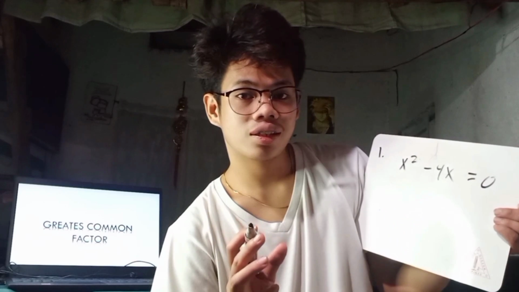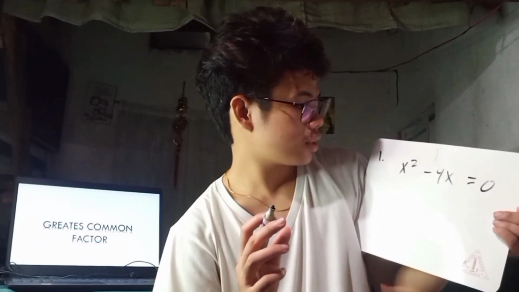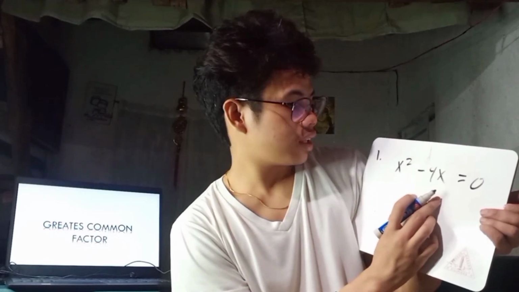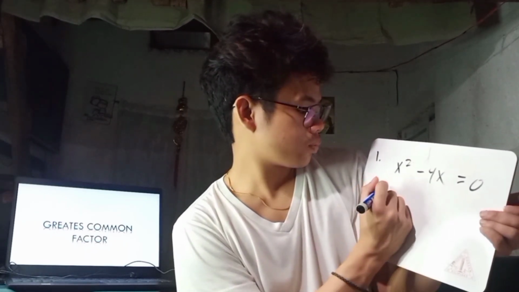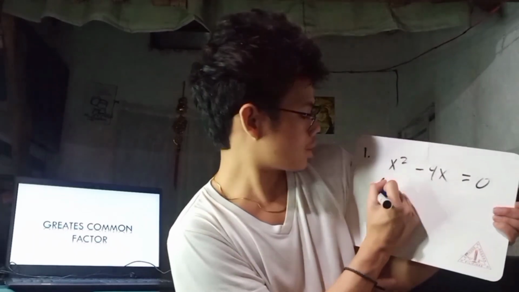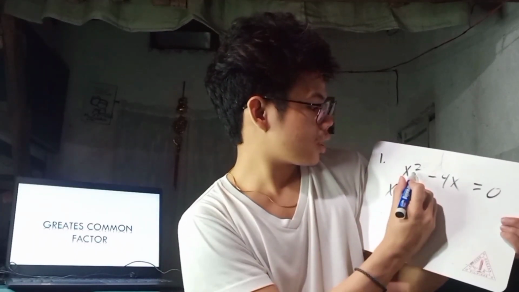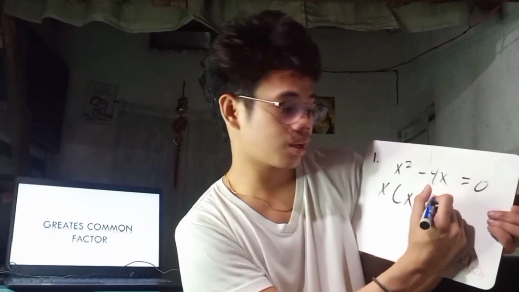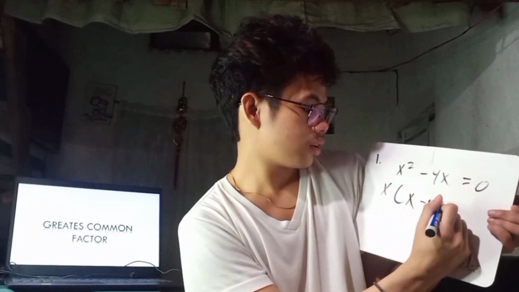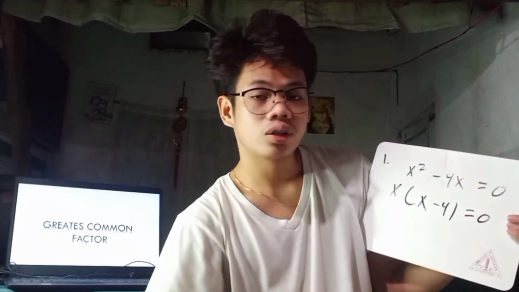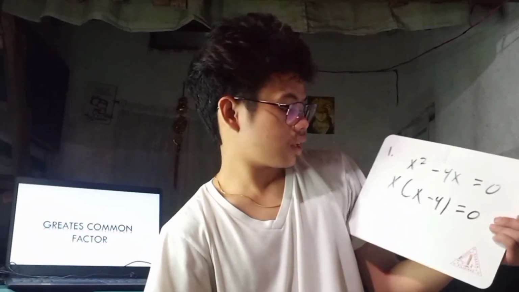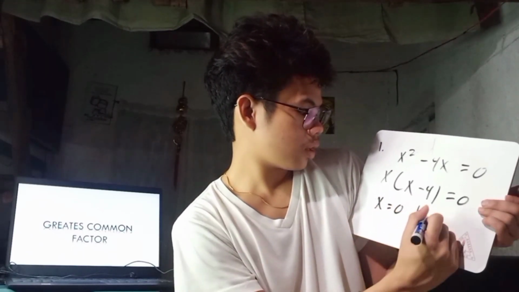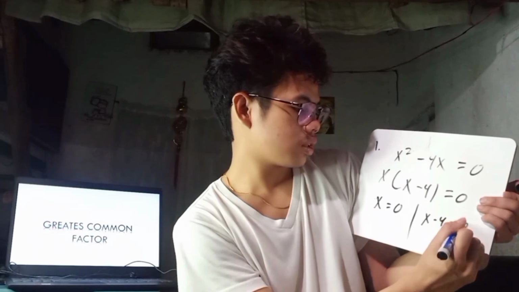Let's start with the coefficient 1. So the greatest common factor here is also x. So we will write it as x times the quantity x minus 4 equal to 0. So equate every factor to 0. x is equal to 0 and x minus 4 is equal to 0.